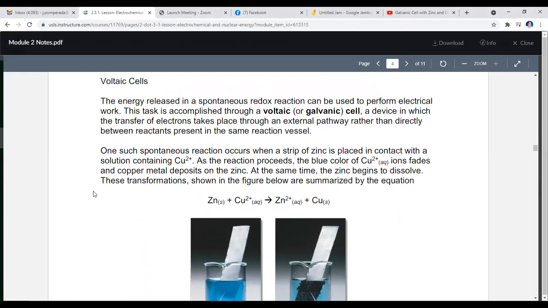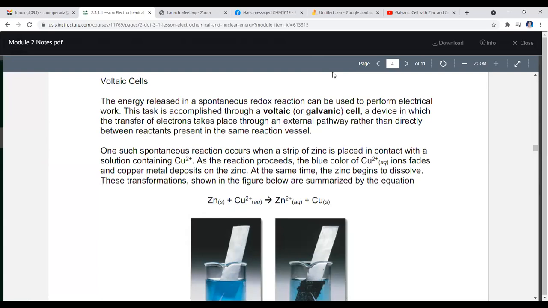This task is the task of a voltaic or galvanic cell, a device in which the transfer of electrons takes place through an external pathway, rather than directly between reactants present in the same vessel. Later on, you will know the name of this external pathway.